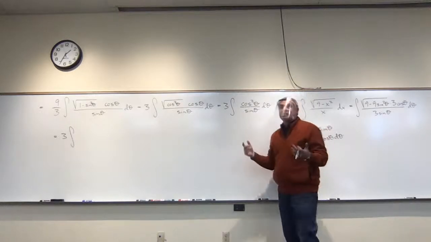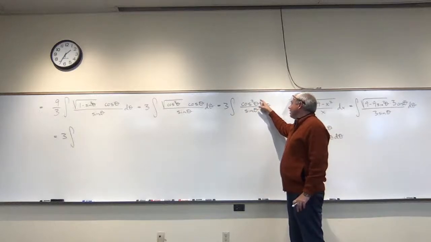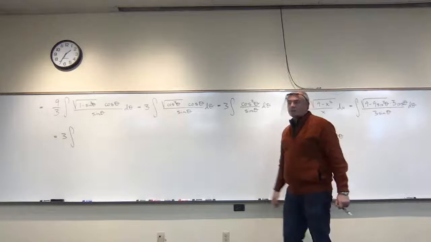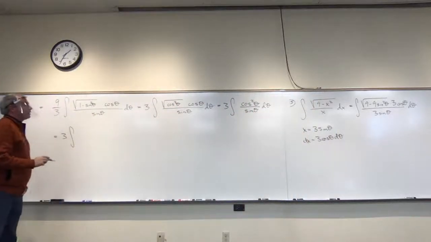I can do an antiderivative of cosecant of theta. And then I'd get a sine of theta over a sine. Yeah, I guess that works. It's not the prettiest thing I've ever done, but it works.